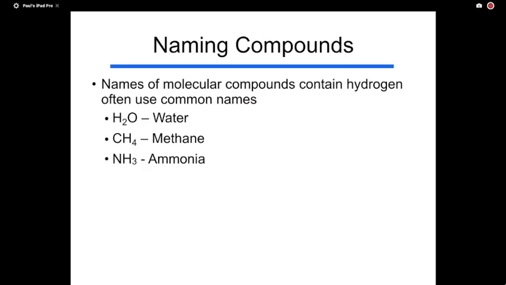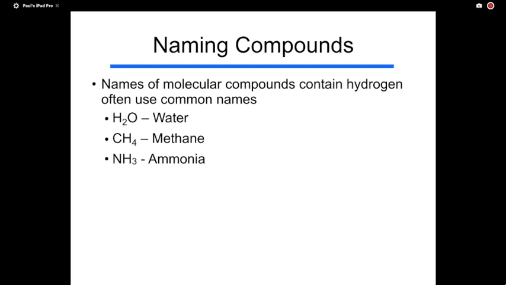When we name covalent compounds, there are a couple of them that have common names. So if you see one of these 3, you don't name it systematically, you give it its common name. So H2O is water. CH4 is methane. Do you know what methane is?